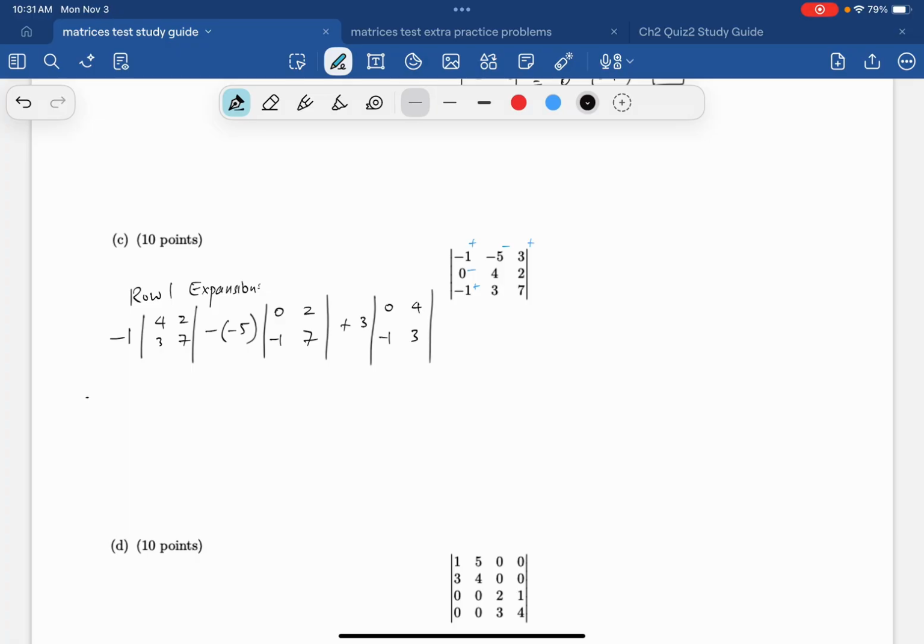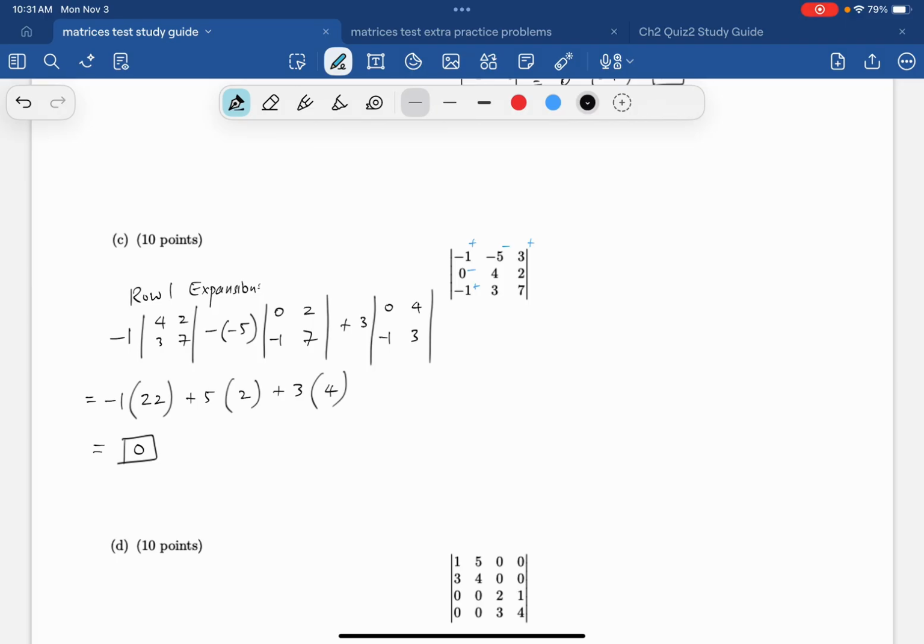And so that leaves me with negative 1 times 28 minus 6, which is 22, plus 5 times 0 minus negative 2, which is positive 2, plus 3 times 0 minus negative 4, which is positive 4. So in the end, I have 0, interestingly. I'm pretty sure I chose those numbers at random, so pretty surprising I got 0.